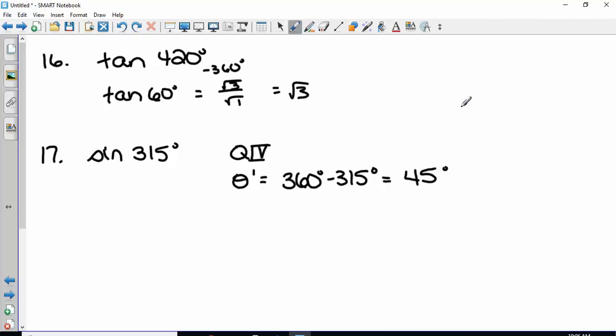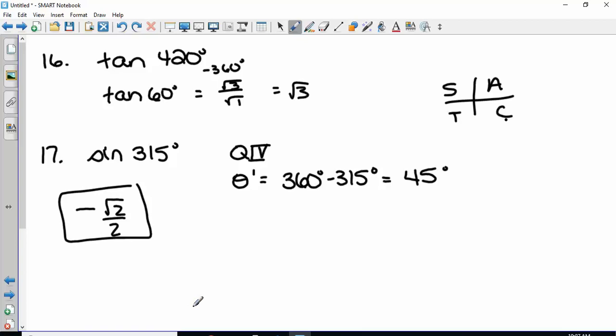All students take calculus. So in quadrant 4, cosine is positive, so that means sine would be negative. And then the sine of 45, if I use my hand trick, sine is the square root of the top over 2, so I get negative radical 2 over 2.